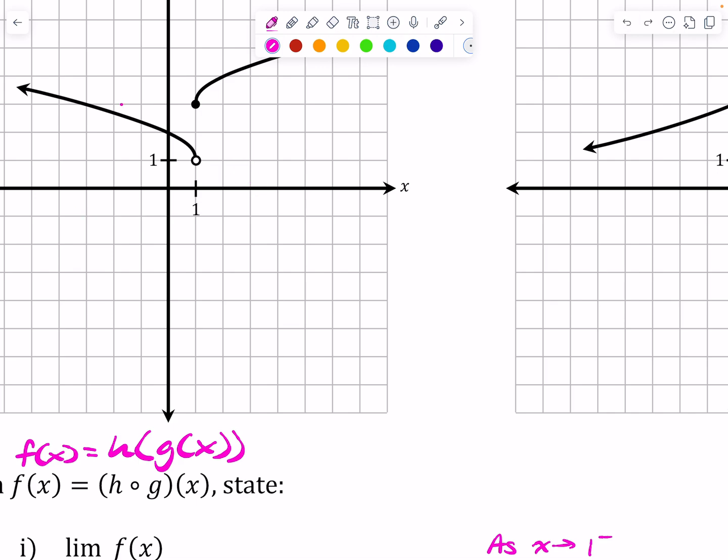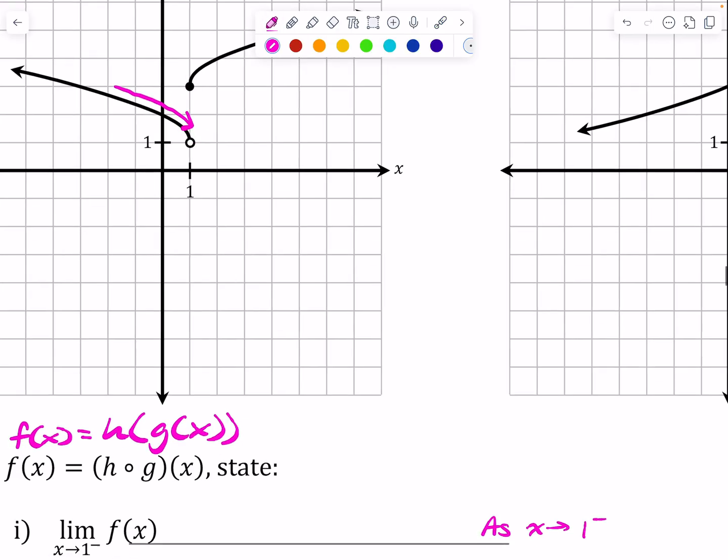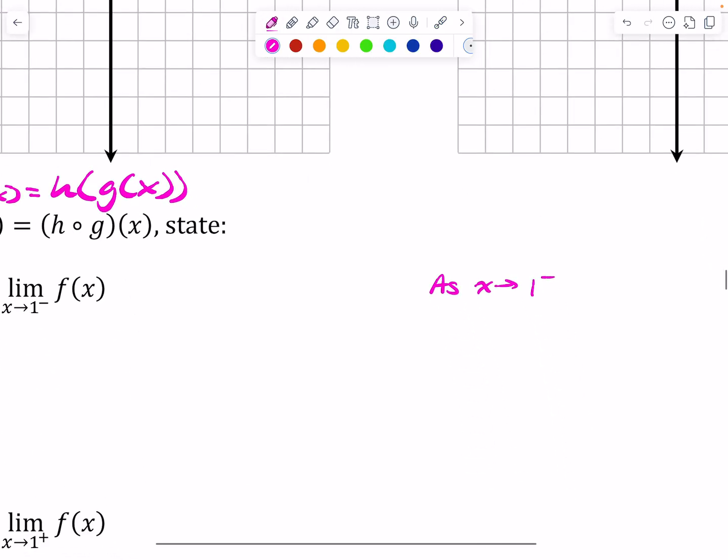So we're following this particular path. That means we are approaching a y value of 1, and we're doing so by going downward to get to it. So we're approaching 1, but from above. G of x approaches 1 from above.